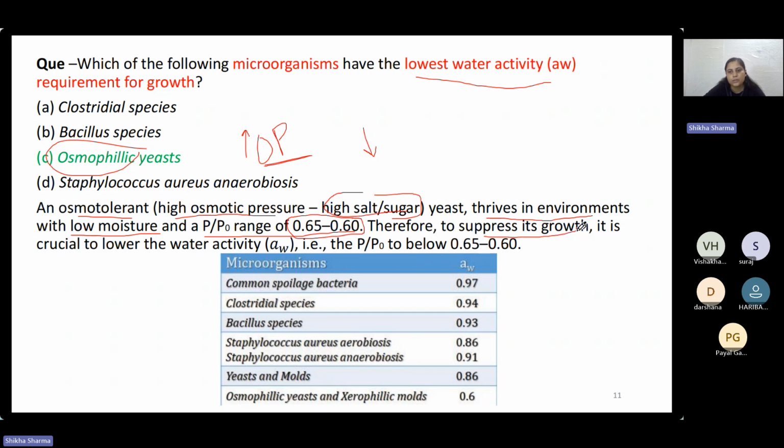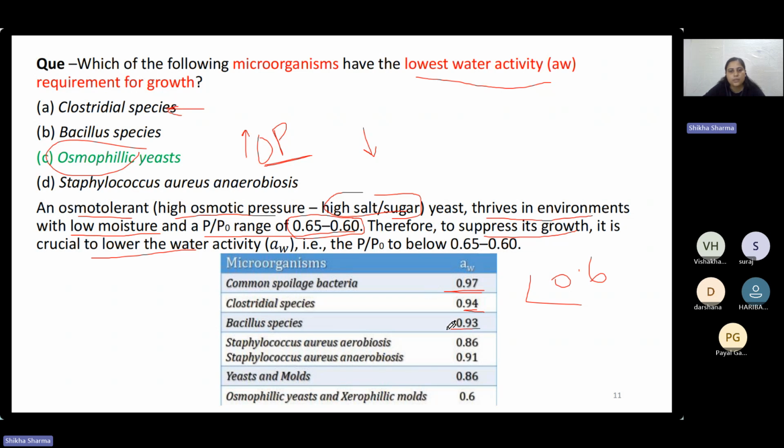Therefore, to suppress their growth, it is crucial to lower the water activity even below 0.6. So we should have a water activity lower than 0.6. As the table suggests, common spoiling bacteria need 0.97 water activity. Clostridia, the first option, needs 0.94.